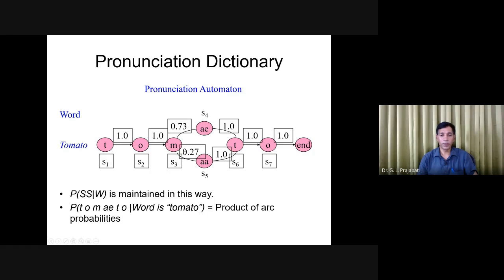Somebody may go for this particular path, somebody may go for the other path. Somebody says tomato, somebody says tomato. So there are two different ways of pronunciation.